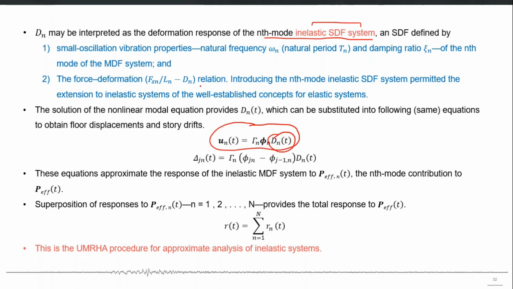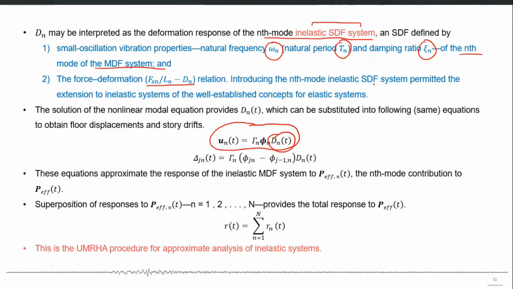That single degree of freedom system is defined by the original omega n, Tn and xi n of the corresponding linear single degree of freedom system, or the nth mode of the multiple degree of freedom system. Secondly, this inelastic single degree of freedom system is defined by a force deformation relationship, and we can approximate that relationship by performing the cyclic pushover analysis of our building.